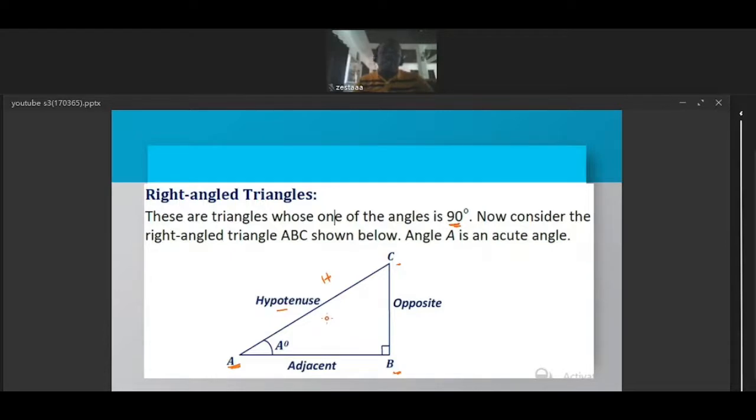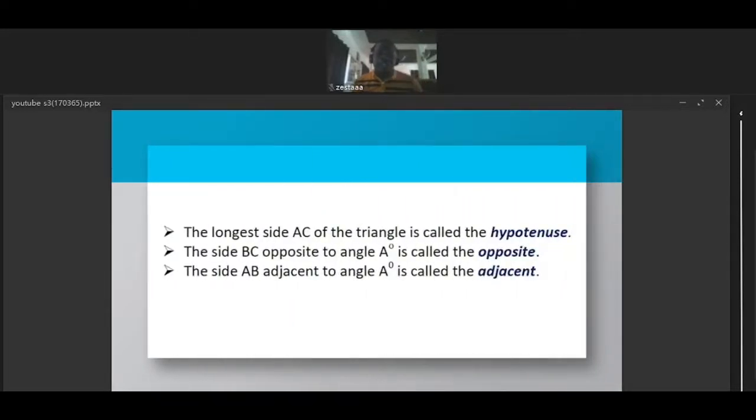The side opposite the angle of 90 is the longest side, and the side BC is what we call the opposite, and this part AB is what we call the adjacent. We need to get to know that in the first place. So we've said AC is our hypotenuse, which is the longer side. Then the side BC is opposite to the angle A.